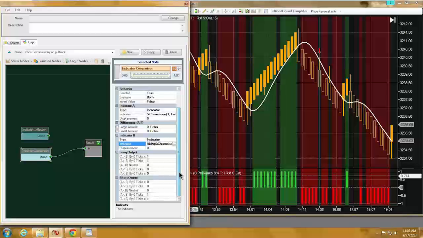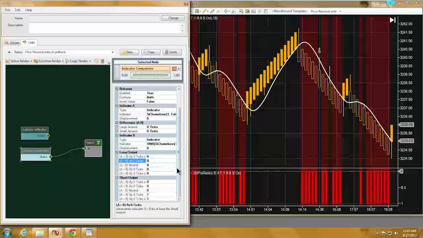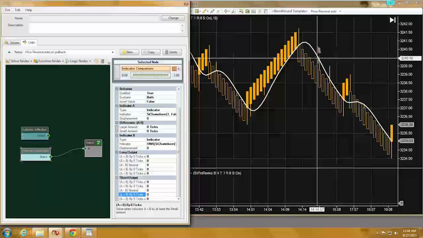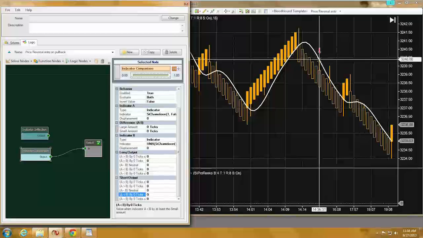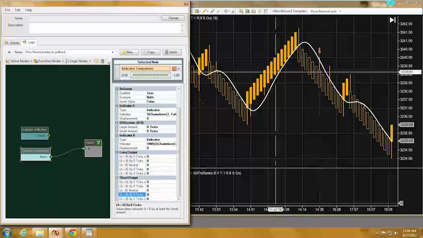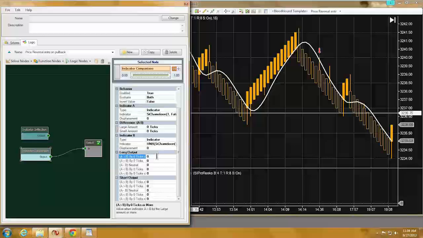And next I need to adjust my outputs correctly, so I'm going to turn them all off. For this short signal, I'm looking for indicator A to be above, or greater than, our HMA. So it should be this: A greater than B.